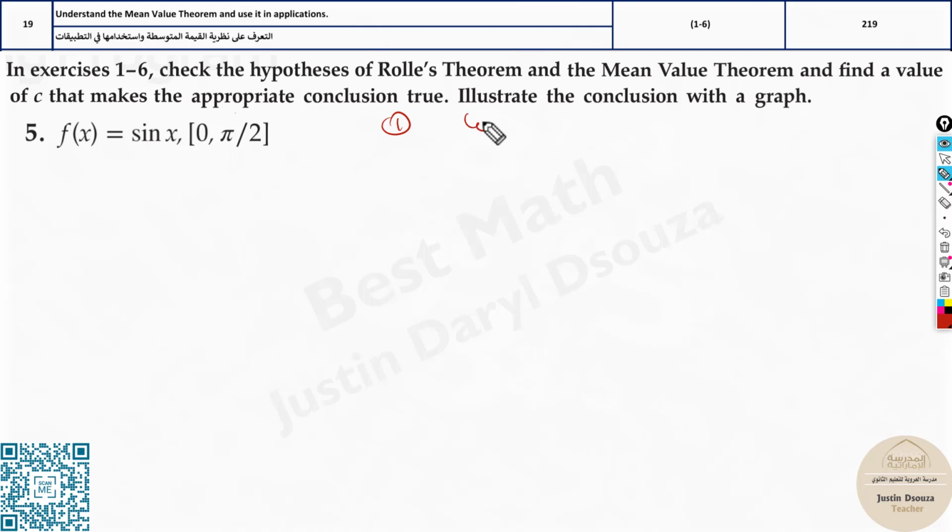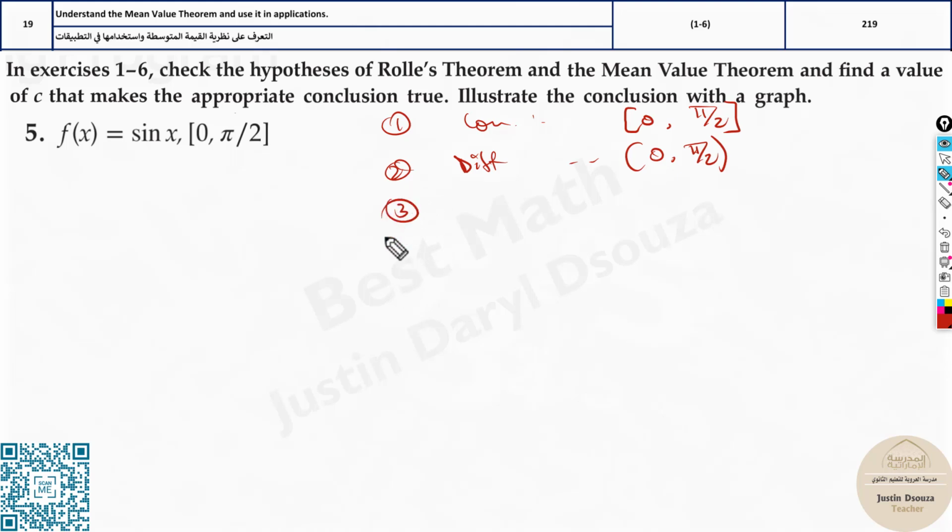First step is what? Continuity at, here, closed bracket 0 comma pi by 2. What is pi by 2? How many degrees is this? Pi is 180 degrees. Pi by 2 is 90 degrees. Second is differentiable. When it's differentiable, this will be open brackets 0 comma pi by 2. That's it.